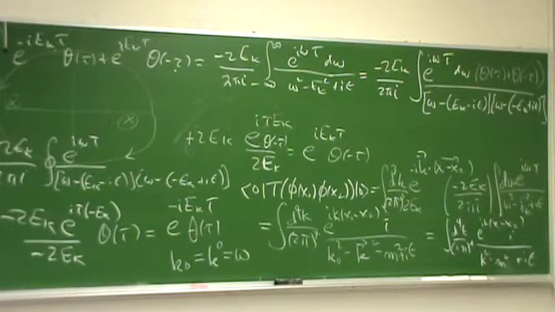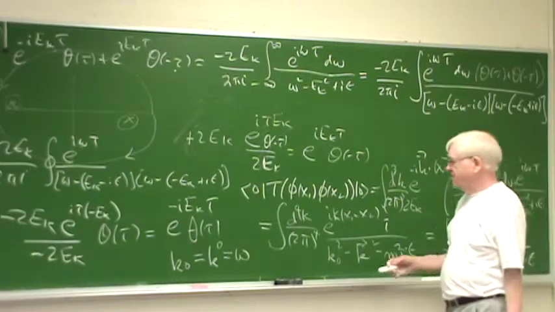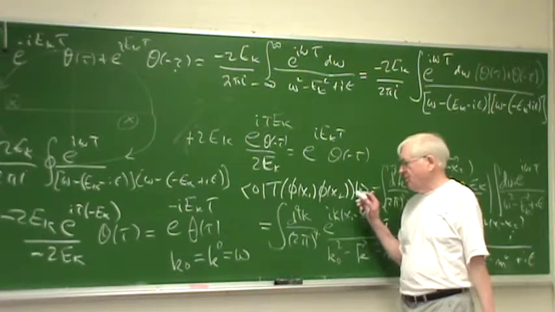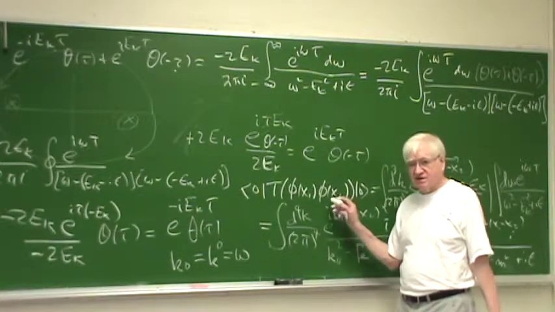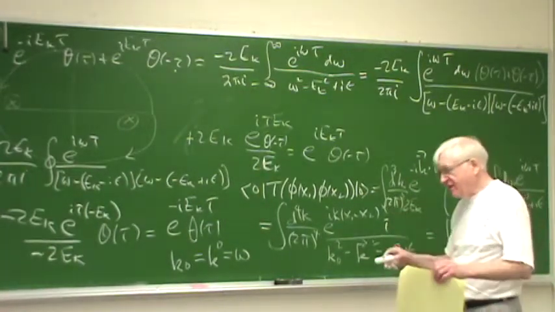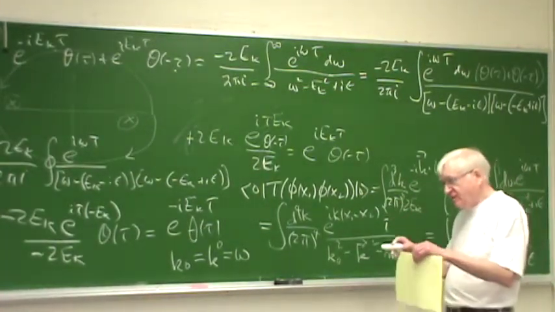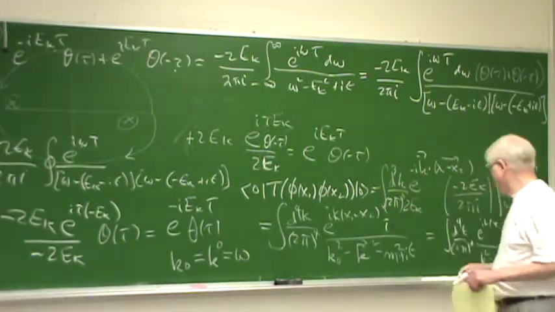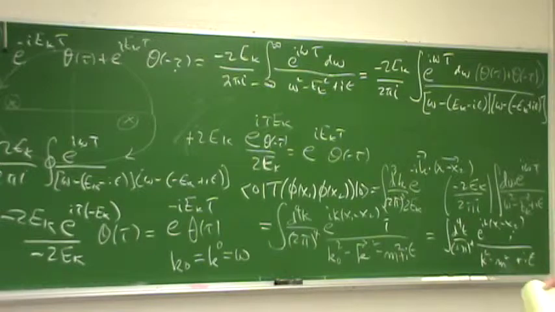And what are we computing? We're computing the mean value in the bare vacuum, or the free vacuum, of the time ordered product of 2 free fields. Computing the mean value in the free vacuum of the free theory of the time ordered product of 2 free fields. And that's the Feynman propagator.